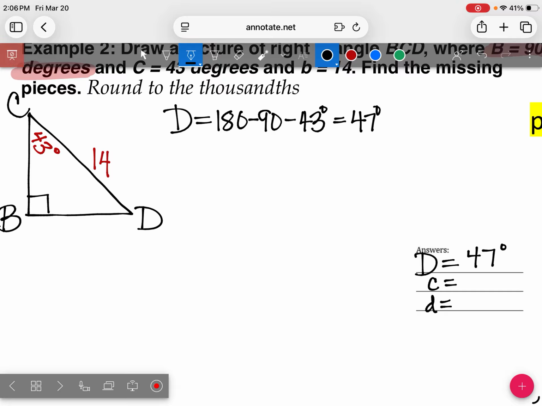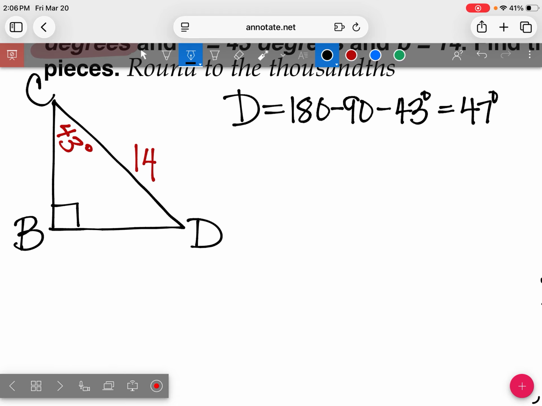All right, so I got 47 for capital D. Anybody else get 47? All right, so now I'm going to go with little c. Little c is down here at the bottom.